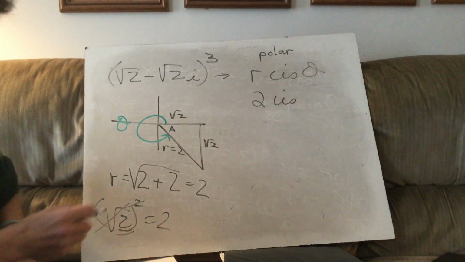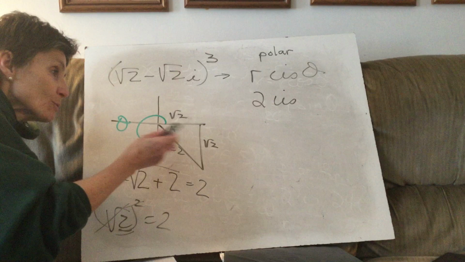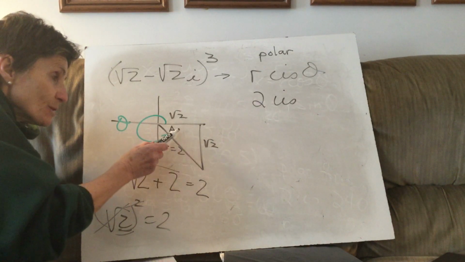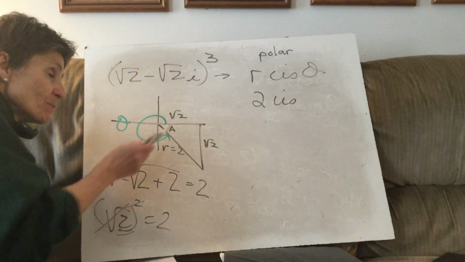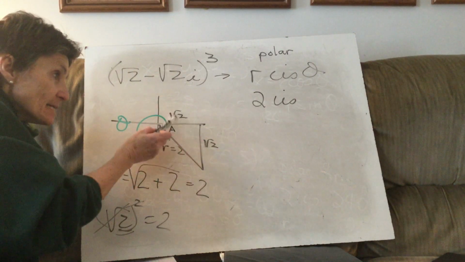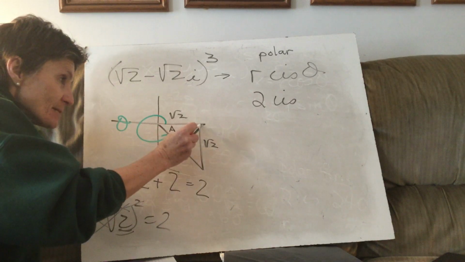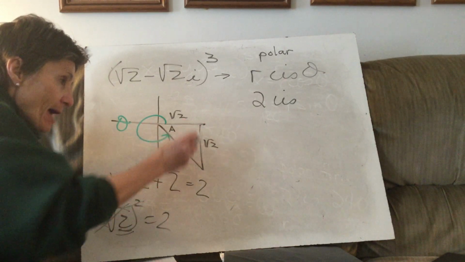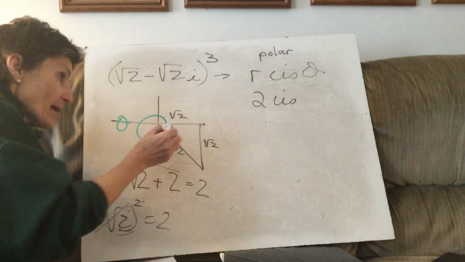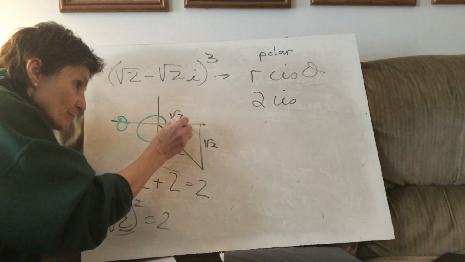Now, some of you can probably tell me without doing any work that if that's a root 2 and that's a root 2, this angle is going to be 45, because anytime opposite and adjacent match, x and y match, you're going to have a 45-degree angle.